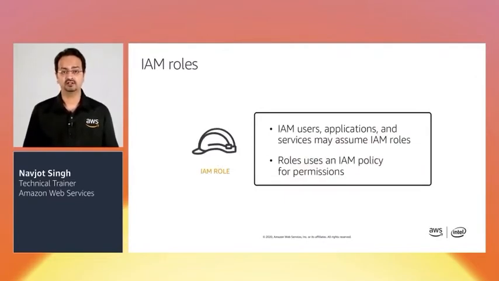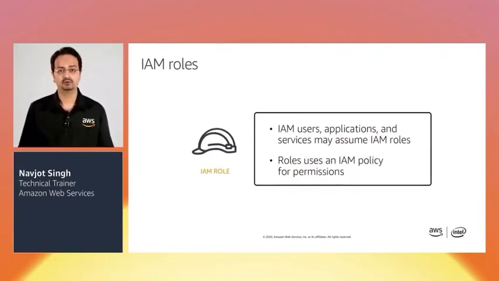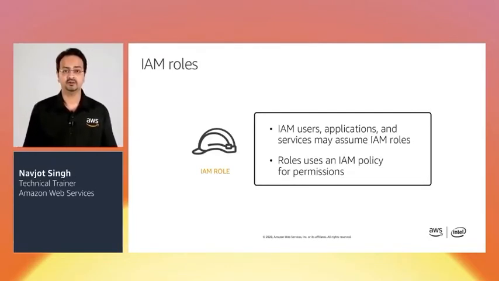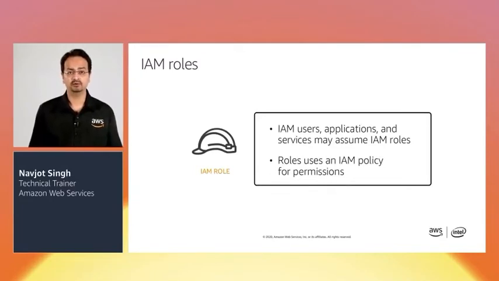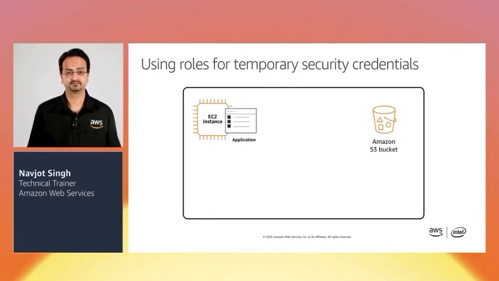As mentioned earlier, an IAM role can be assumed by IAM users, AWS services, and other AWS accounts and federated identities. The IAM policy is assigned to an IAM role, which determines what the role does or does not have access to inside the AWS account.